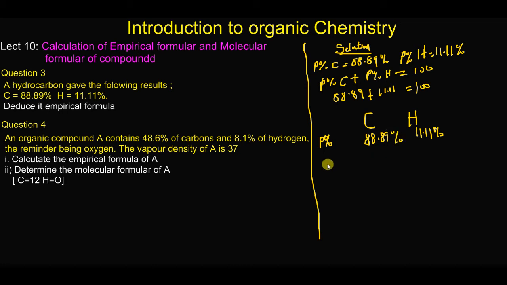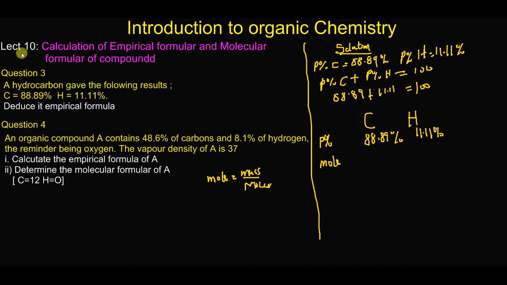Then you find the mole. How do you get the mole? Mole is the same as mass over molar mass. Now this percentage is in terms of mass, so we take this as the mass. We divide by the relative atomic mass of each of the atoms.